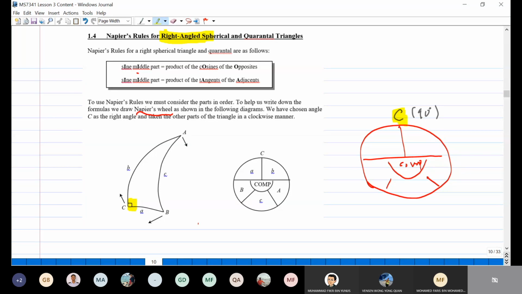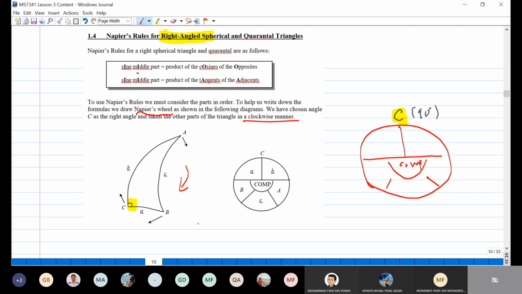Now you're going to trace the triangle clockwise, because the convention is to trace the triangle clockwise.